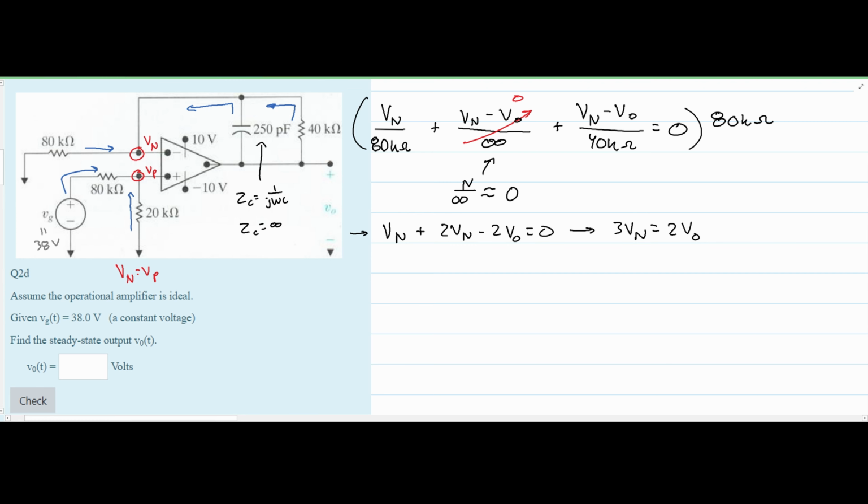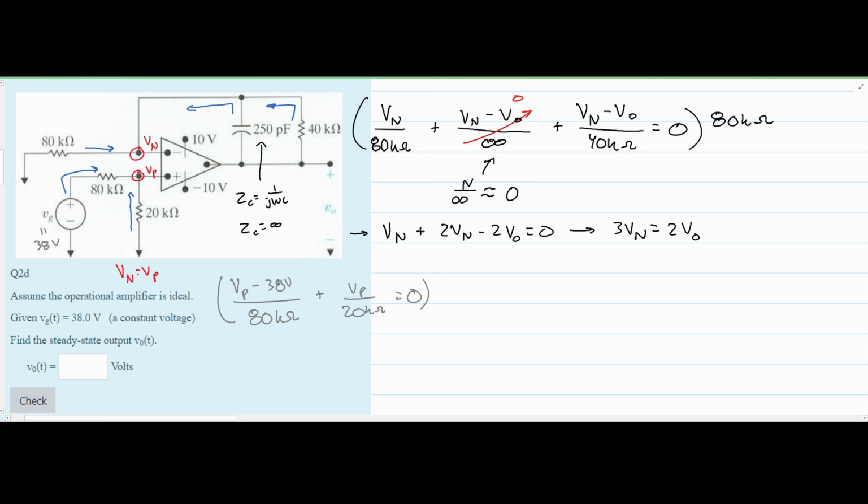Solving for our Vp, we're going to have Vp minus the Vg, which is 38 volts, over the 80 kilo ohm resistor. We are then going to have a plus our Vp over our 20 kilo ohm resistor, all set equal to 0.